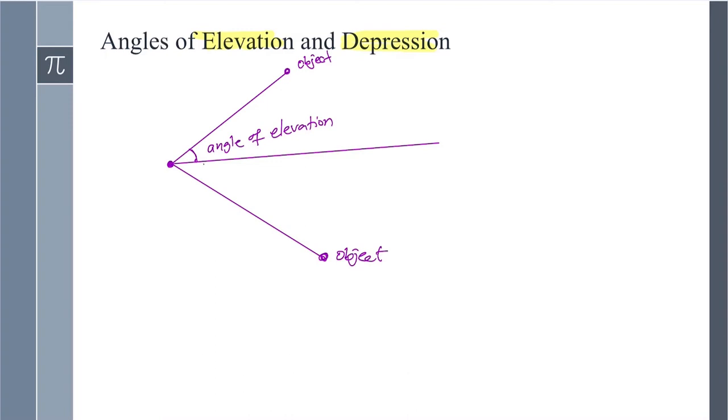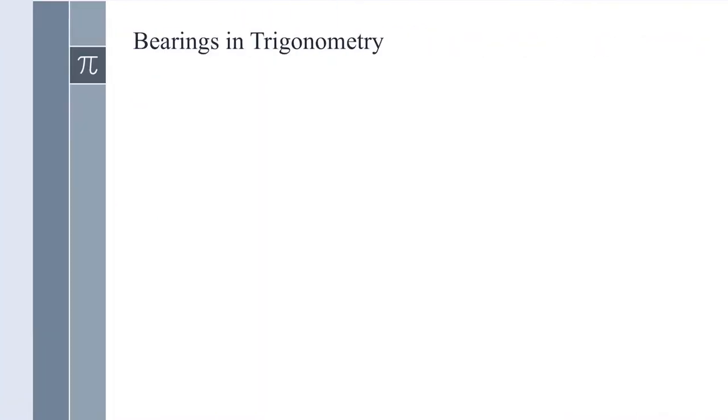This angle is again made with the horizontal. In both cases, the angle is made with the horizontal. This angle is called the angle of depression. These two terms, angle of elevation and angle of depression, are very important.